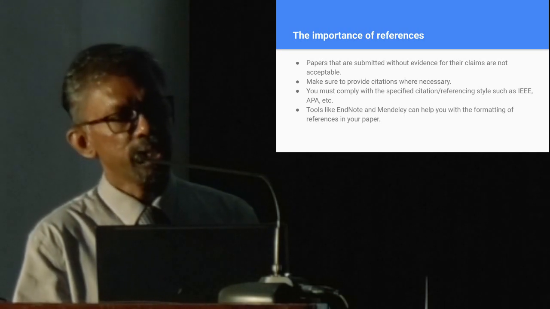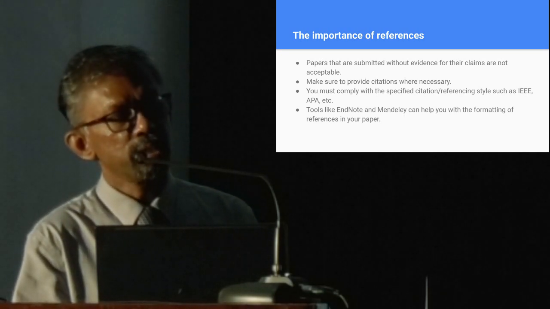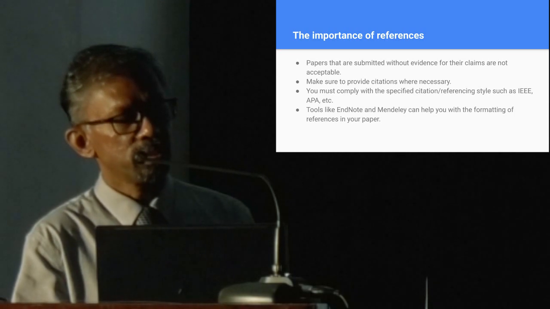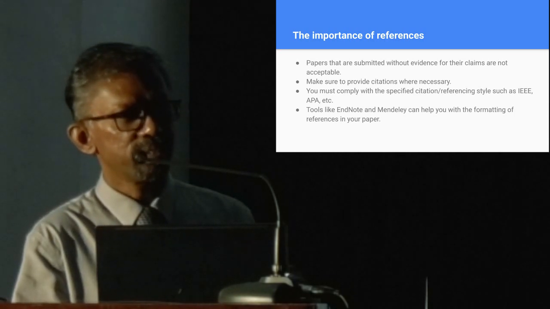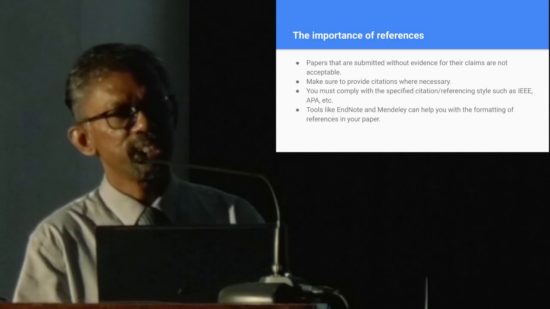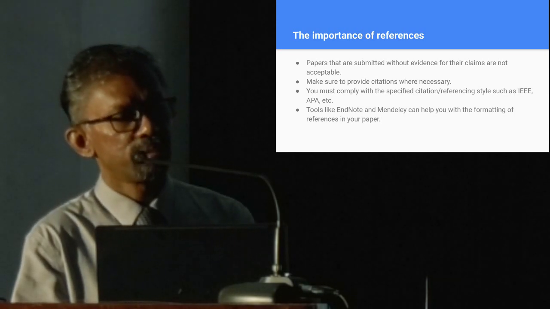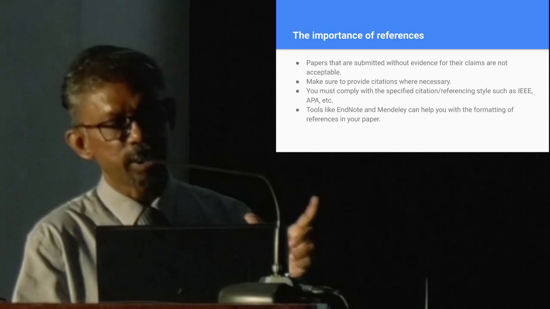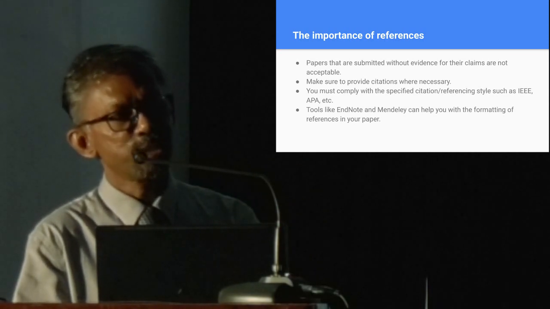In APA style, the citation is written in such a way that you read it as part of the sentence. So in IEEE, you don't read the citation as part of the sentence.